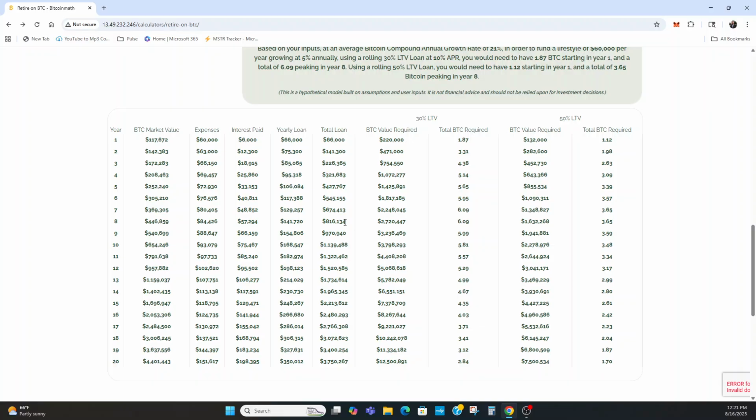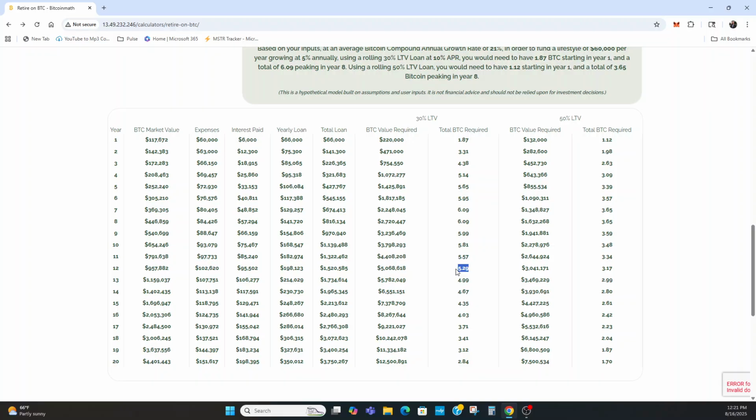Right? And in order to get an $816,000 loan, I need to have $2.72 million in Bitcoin asset value using a 30% LTV. That means I need a little over 6 Bitcoin at this price. Okay? So that's kind of why after this point you start to see this number come down, because the price of the Bitcoin is appreciating faster than you are borrowing against it.